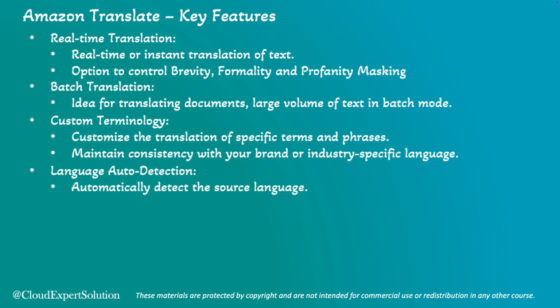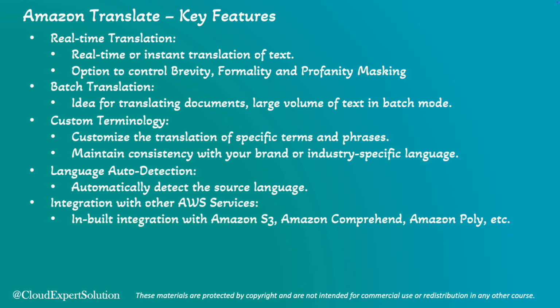Amazon Translate can automatically detect the source language of your text, making it easier to work with multilingual content. Amazon Translate integrates seamlessly with other AWS services like Amazon S3, Amazon Comprehend, Amazon Polly, and it enables you to build comprehensive language processing workflows.